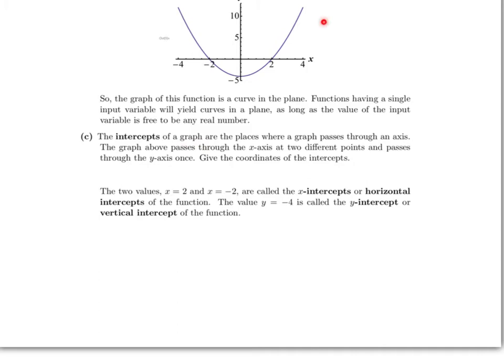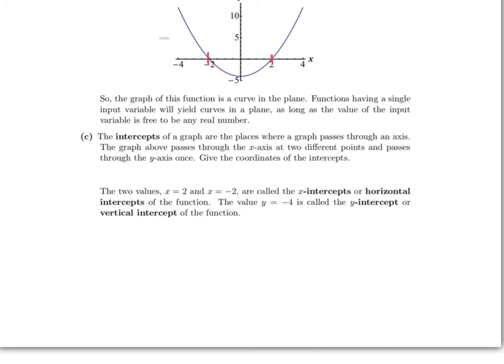If we look at the picture above, the graph passes the x-axis in 2 spots. It crosses the x-axis at x equals 2, and it crosses the x-axis at x equals negative 2.